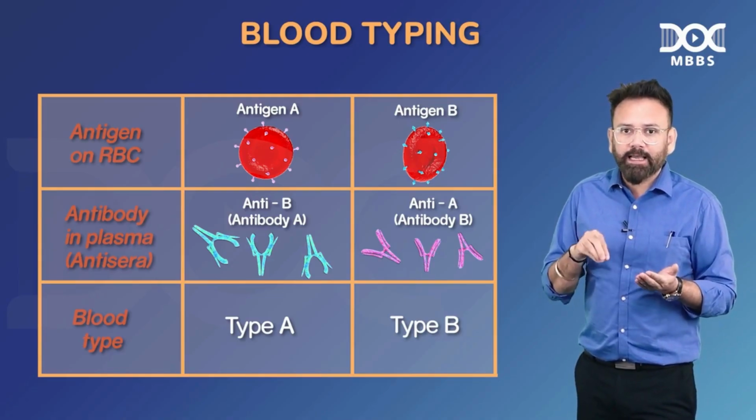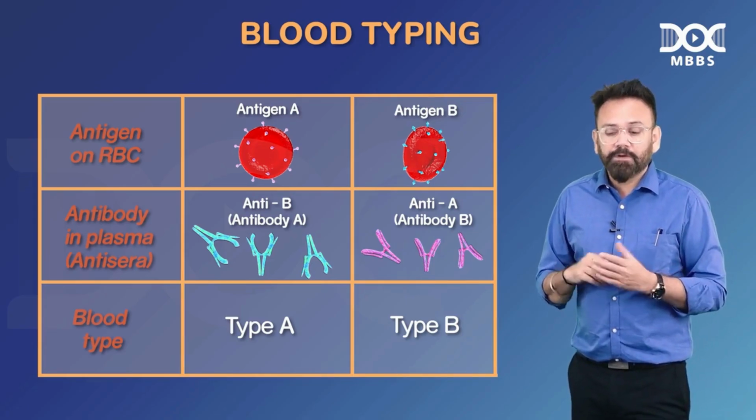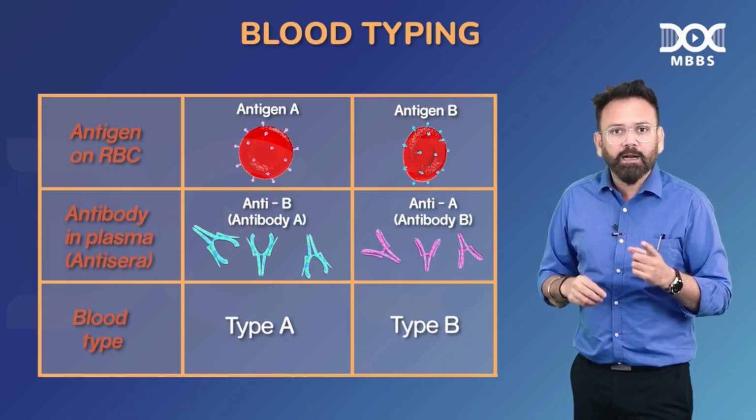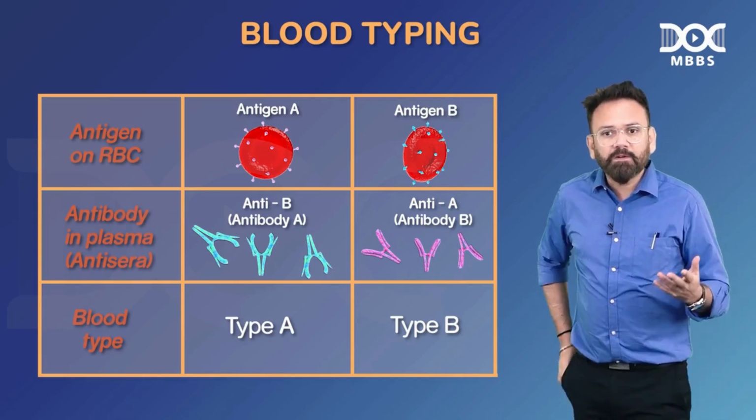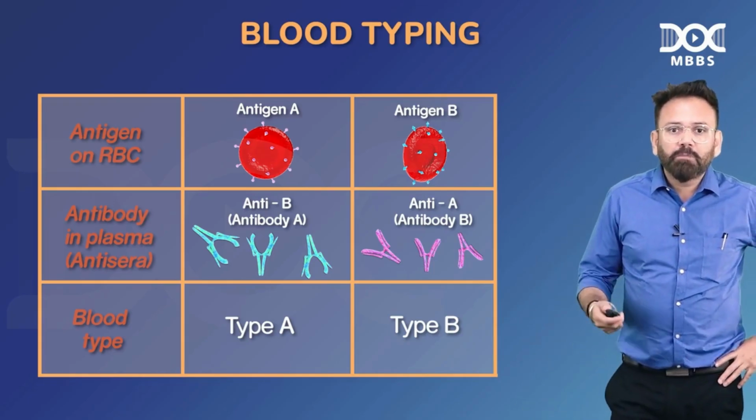If it clumps with anti-sera A, blood group is A. If it clumps with anti-sera B, blood group is B. Am I clear? By a very simple mechanism, this practical is done in the lab. You can understand which blood group it is.